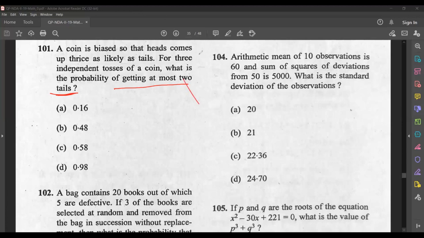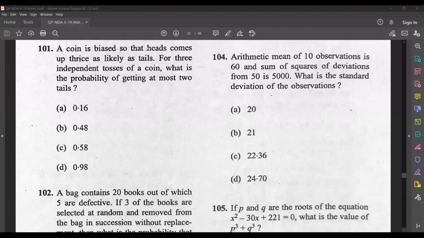Okay. Have you got the answer? Okay. See how to proceed.